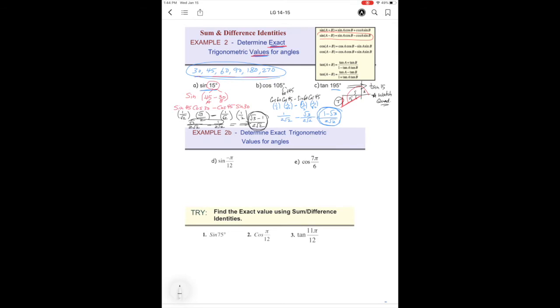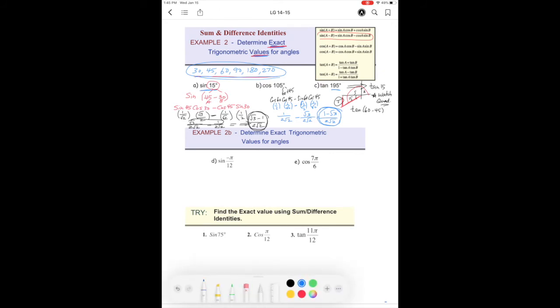Okay, so now I'm going to say, tan 15. I'm going to write down tan 60 take away 45. And you can use 45 take away 30 and get the same results, but I'm just going to use this one.